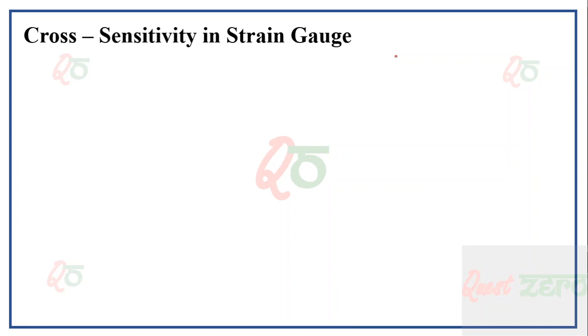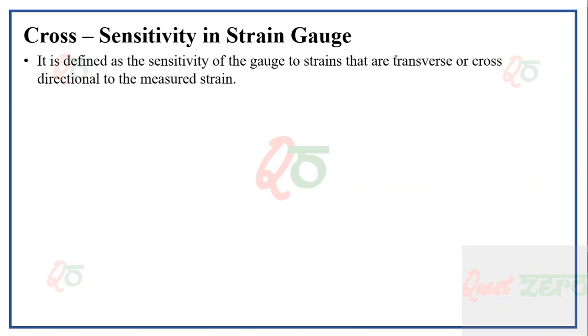So, cross sensitivity in strain gauges. If you observe a component, for example the dog bone specimen that we were discussing, because of tension, the length of the material increases but the cross sectional area decreases. So there are two deformations simultaneously happening.